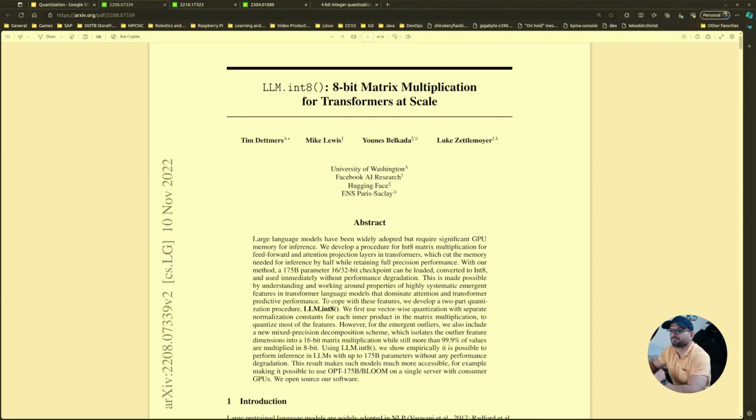Basically, it was one of the first papers that outlined some of the challenges of deploying large language models and suggested quantization as a way to reduce the model size. And their quantization specifications were able to quantize models up to int 8, right? So that's why they called it the LLM.int8 function.